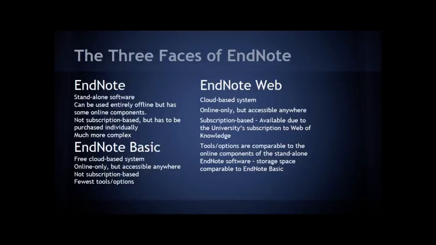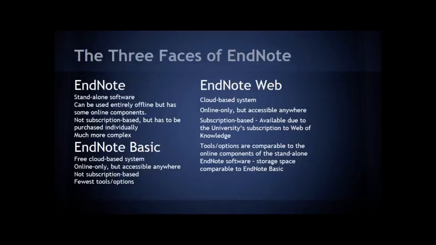The EndNote Web functionality we'll be talking about today is a free product. EndNote Basic is sort of what they try to call the online component if you're not a purchaser of the full EndNote software. It has very bare bones functionality. We have a little bit extra stuff above the Basic because of our subscription to Web of Science.